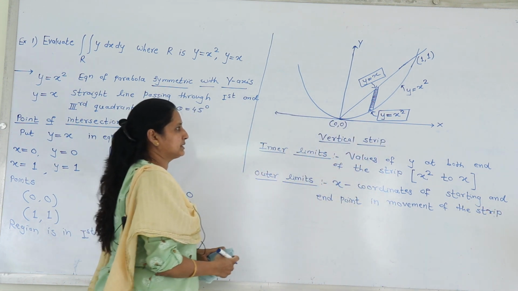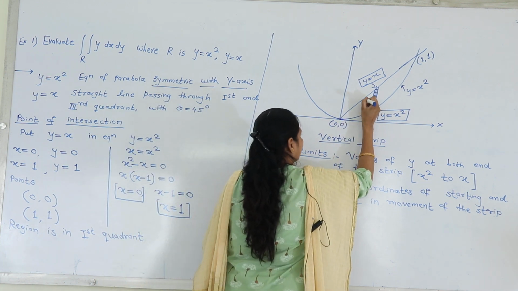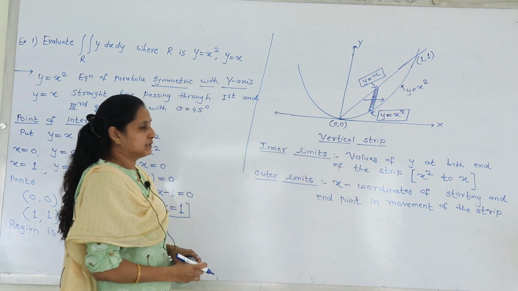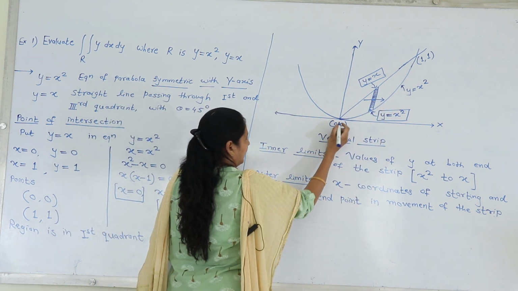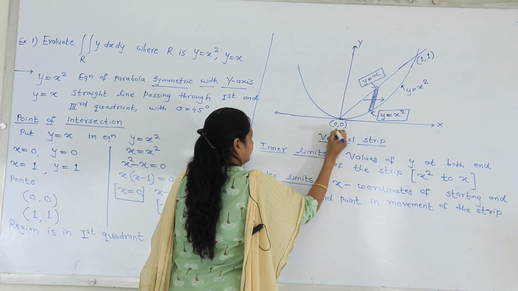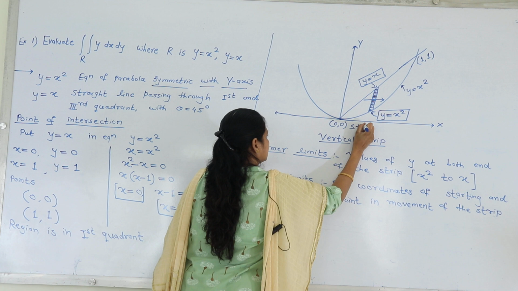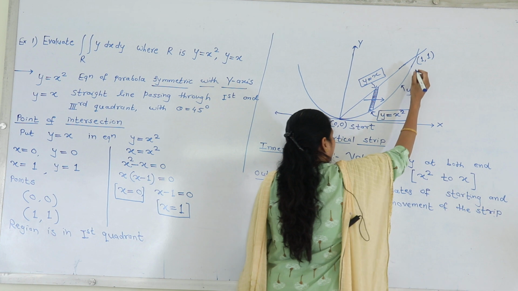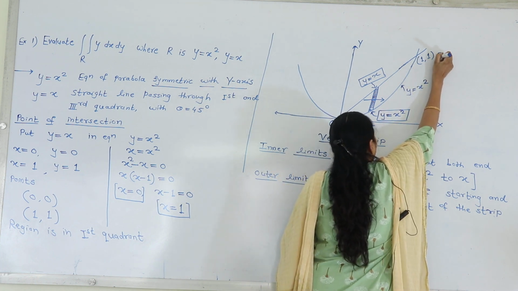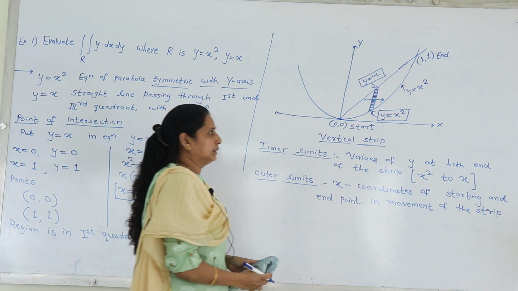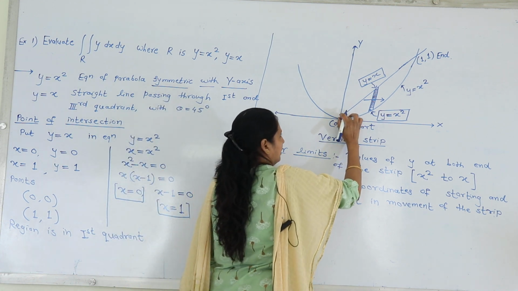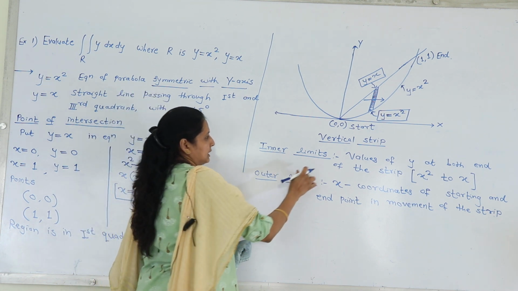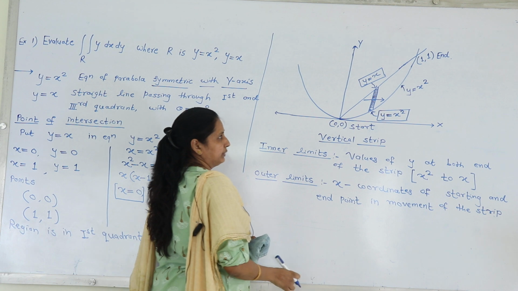Now this strip is flexible and the movement is in this direction, from left to right. It is a flexible strip, therefore at first it will start from 0, 0. The starting point is 0, 0 and it moves towards one point, that point is called the end point. That means this strip covers this total area, that is the region. That means the starting point is 0, 0 and the end point is 1, 1.